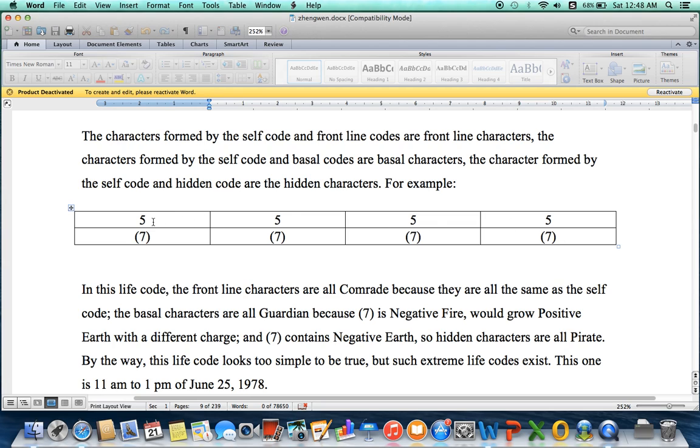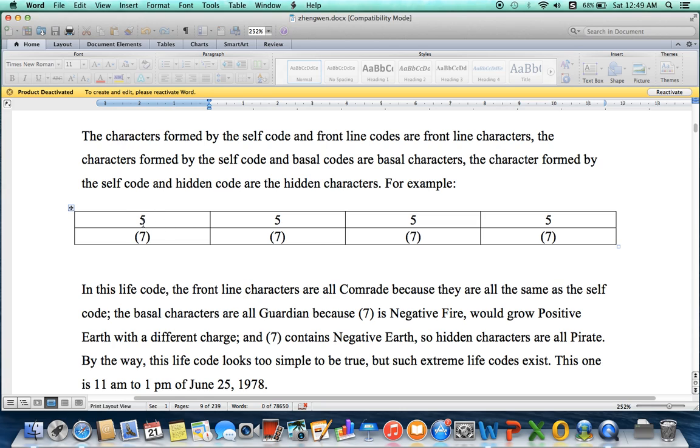For example, if a frontline code is 5, which is Earth, and there's no Earth at all in the basal line and the hidden line, then we say it has no root. If there is Earth in them, this code has root.